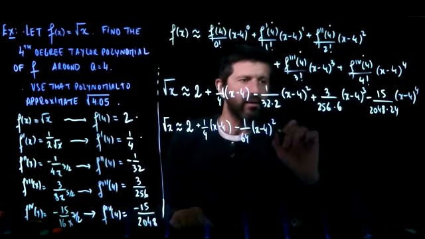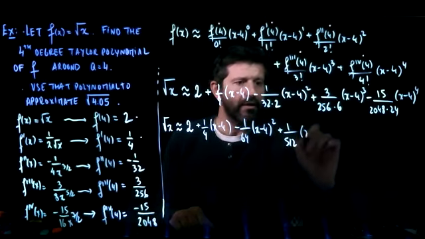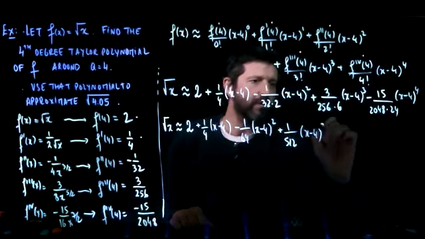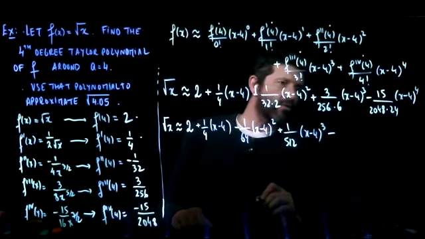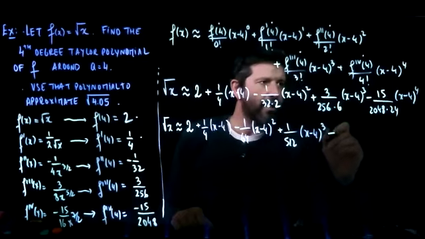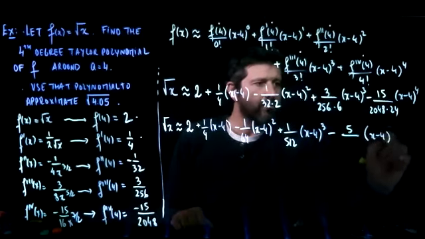Plus 1 over, this is 512, if I reduce the fraction. And minus, now this one's a bit more annoying, 5 over, times x minus 4 power 4.